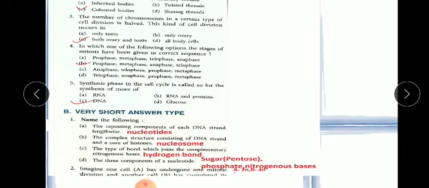Now, D part is the three components of a nucleotide are pentose sugar, phosphate and nitrogenous bases. So, children, you can write. Here I have specifically mentioned the pentose sugar, so you also do this.